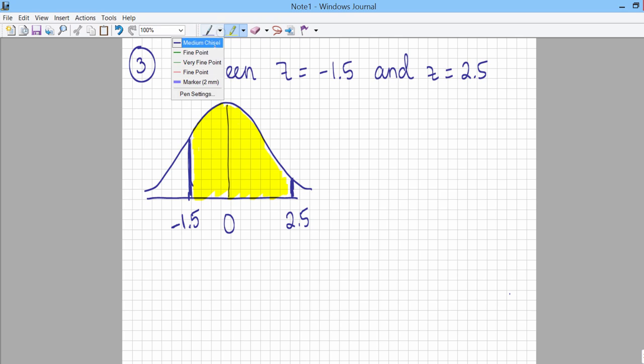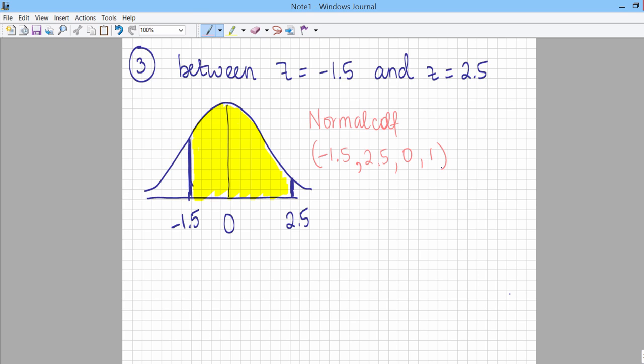We're going to use the same command, normalcdf. We go from negative 1.5 up to 2.5 for our z-scores. Mean is 0, standard deviation is 1. Let's go ahead and compute it.